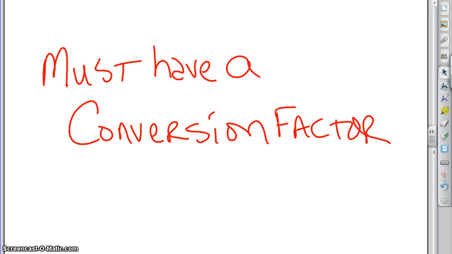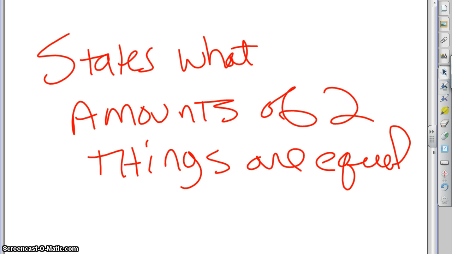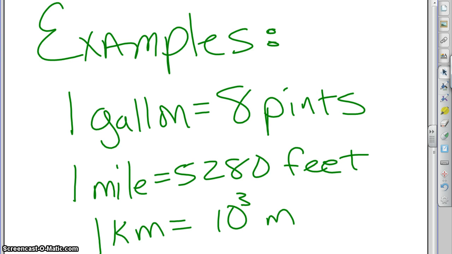First thing to realize is that you must have a conversion factor. You cannot do anything without a conversion factor. A conversion factor is something that states what amount of two different things are equal.